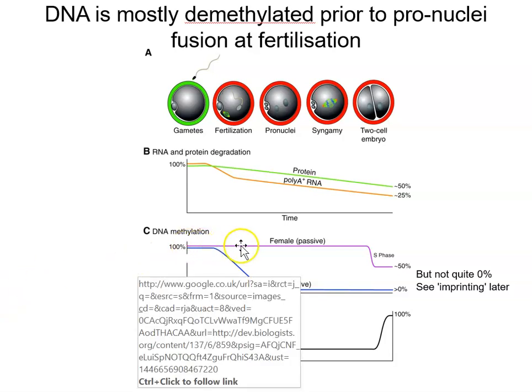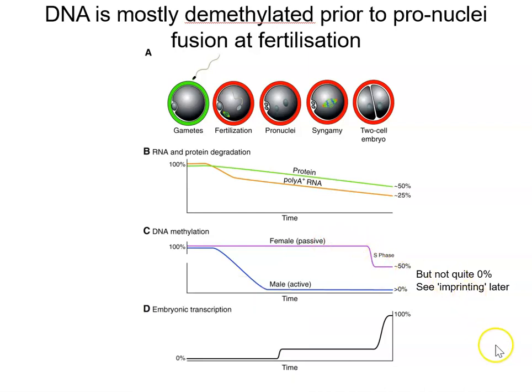In contrast, the female DNA from the egg is passively demethylated, which basically means as the cell divides, the methylation statuses are not put back on upon DNA replication. So on the first cell division you get 50% of DNA methylation, and the next cell division 25% and 12% and so on. So that DNA is passively demethylated, as in the methylation patterns are not added back in, whereas the sperm DNA is actively demethylated.